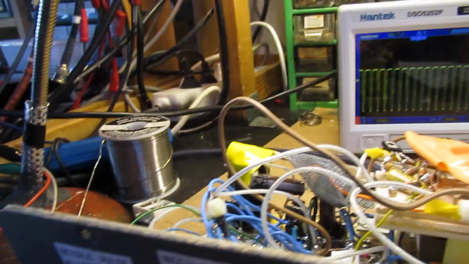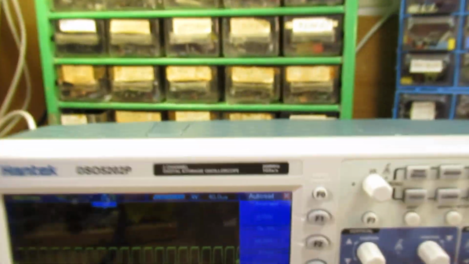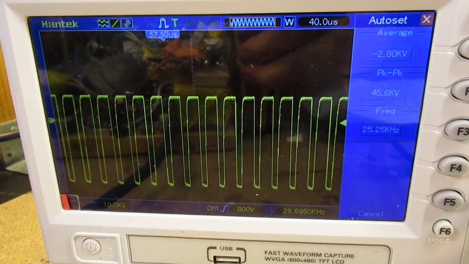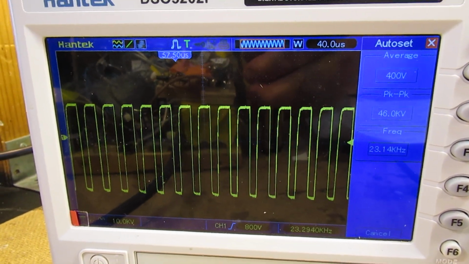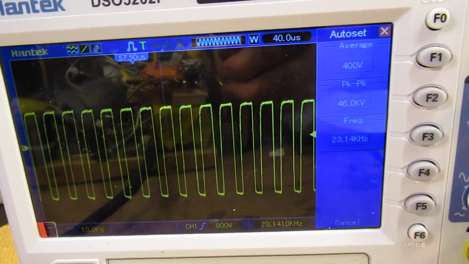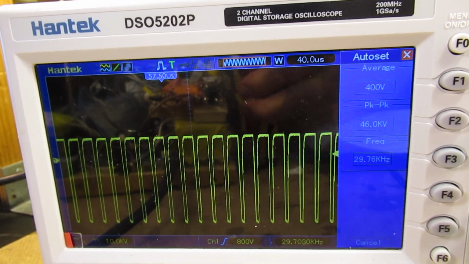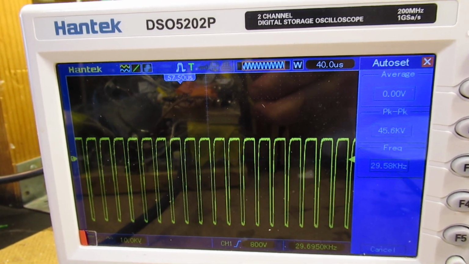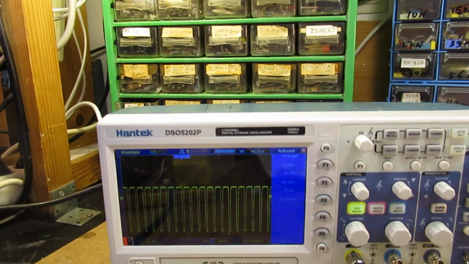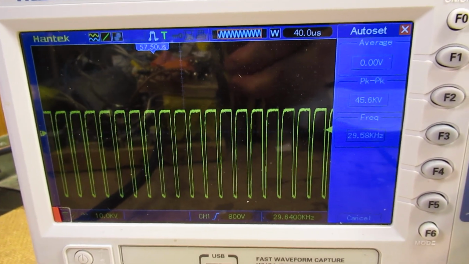And when I turn that potentiometer here, you can surely see what happens. The frequency goes down to 23 kilohertz, and the highest frequency is 29 kilohertz, and that is what it all is.